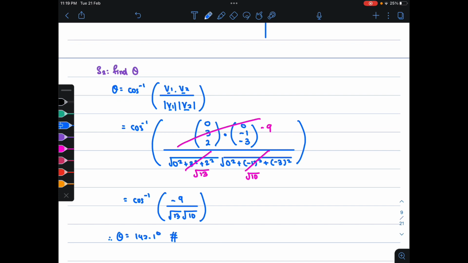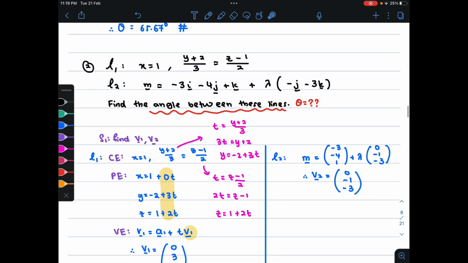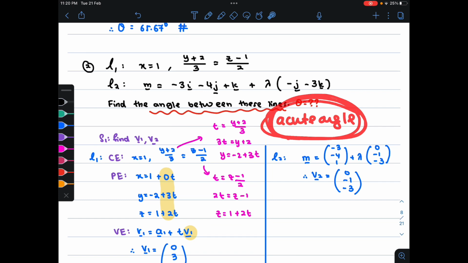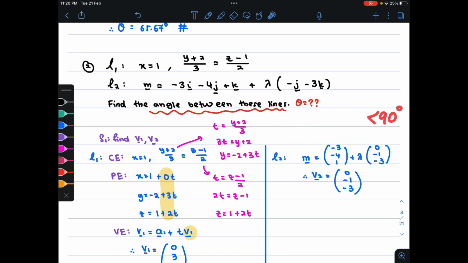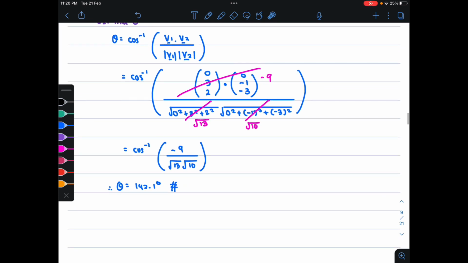And hence the angle between these two lines is 142.1 degrees. So if you look at the question again, the question just says find the angle. It doesn't say find the acute angle. So if it says you must find the acute angle, you must make sure that your angle is less than 90 degrees. But in this case, it doesn't say anything about your angle. Therefore, we're just going to take this answer as our final answer.